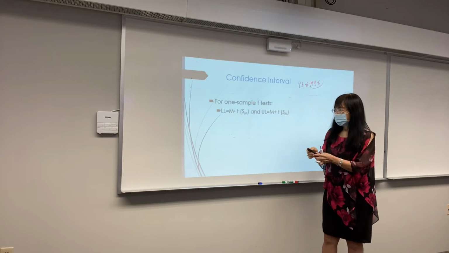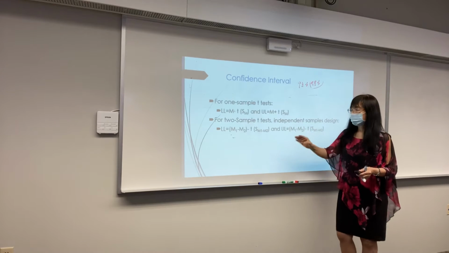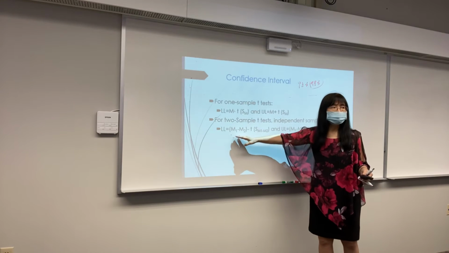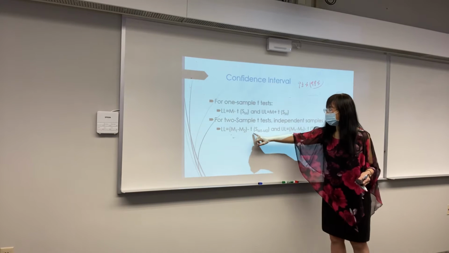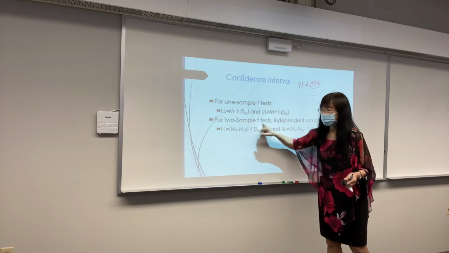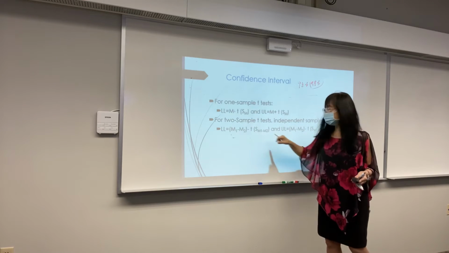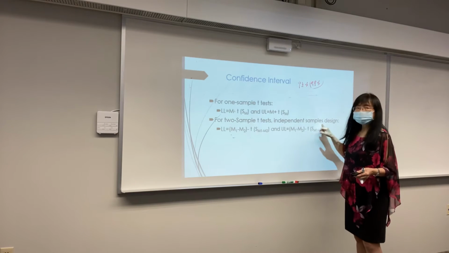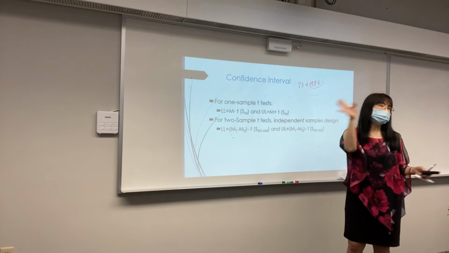If you are doing independent T, you use M1 subtract M2, and then you use your T critical times this. So you still need to calculate this. It will be exactly the same as your chapters 9, 10, 11.